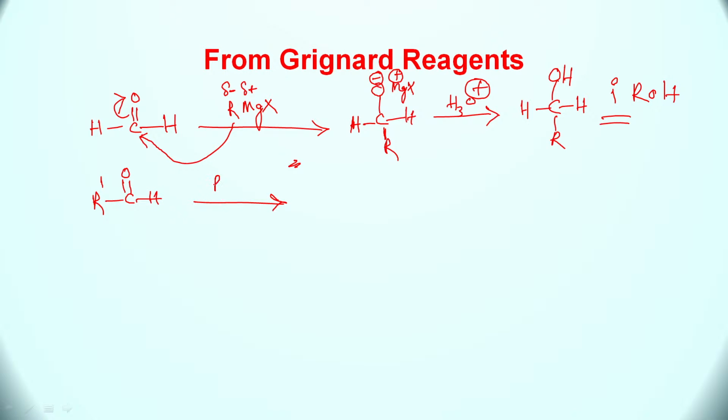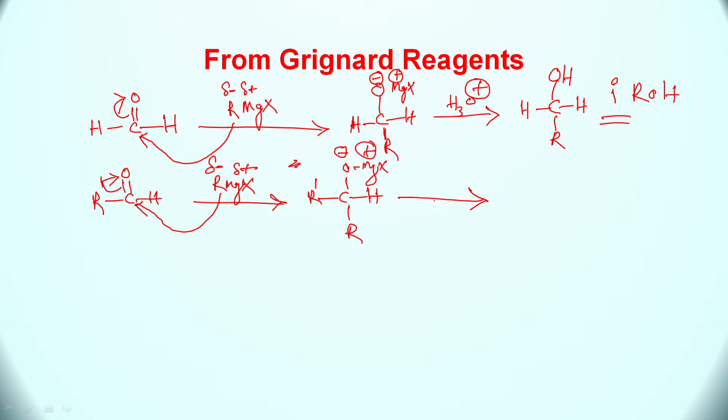When you treat with alkyl magnesium halide, RMgX, again it's a nucleophile, so this nucleophile attacks the positively charged carbon of the carbonyl group, and these electrons move like this, and you will get O minus MgX plus, and this one is hydrogen, and this one is R.